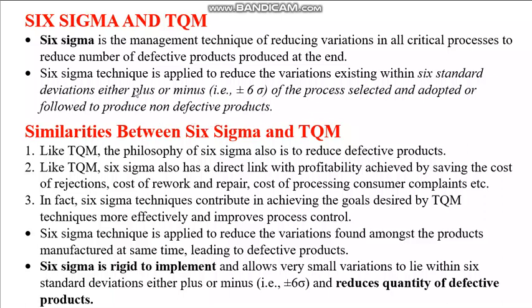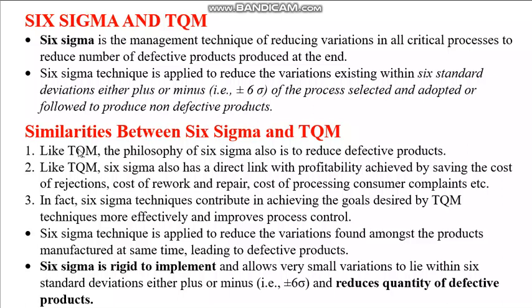See, the moment Six Sigma comes into the picture, you should use this phrase: it is applied to reduce the variations within 6 sigma deviations, 6 standard deviations. Reduce the variations in the processes so that the products produced are non-defective.